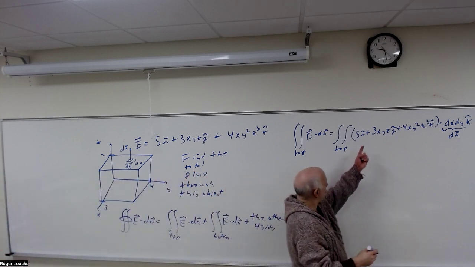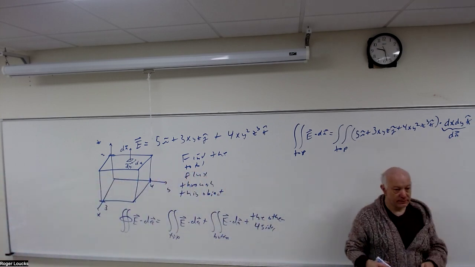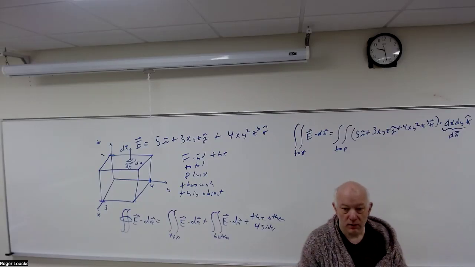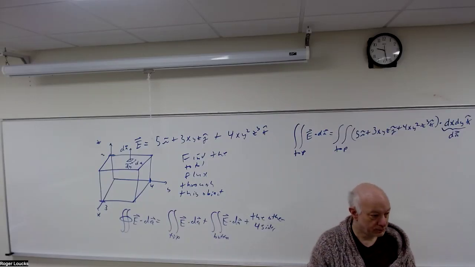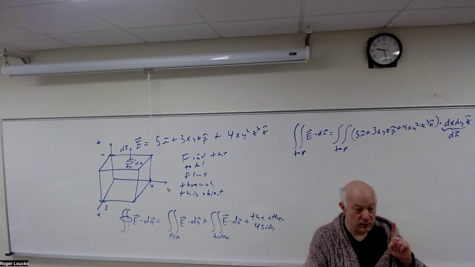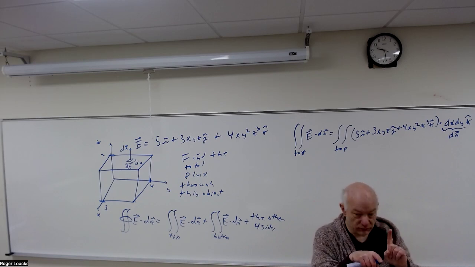Now, what do you know about i dot k? It is 0. Remember, when you take the dot product between any two vectors that are perpendicular, it's 0, because it's always the magnitude of the first vector, times the magnitude of the second vector, times the cosine of the angle between the two, and the cosine of 90 is 0.